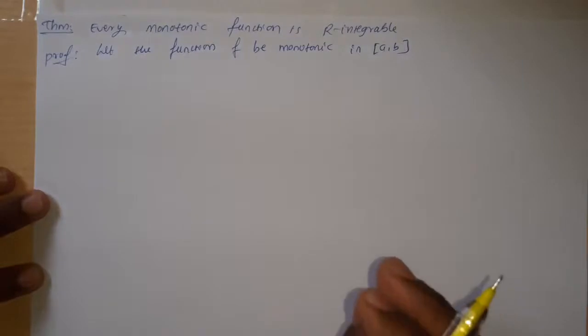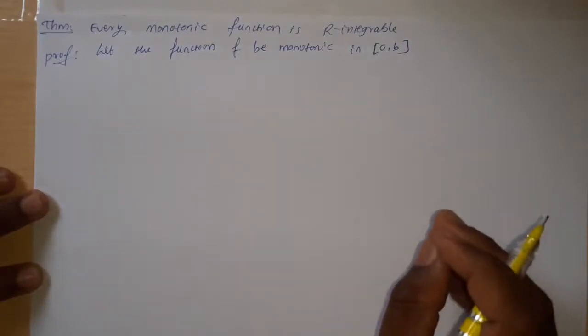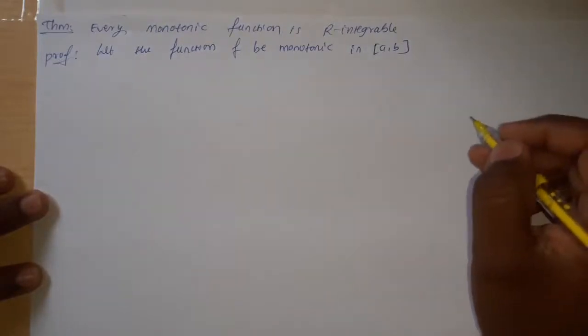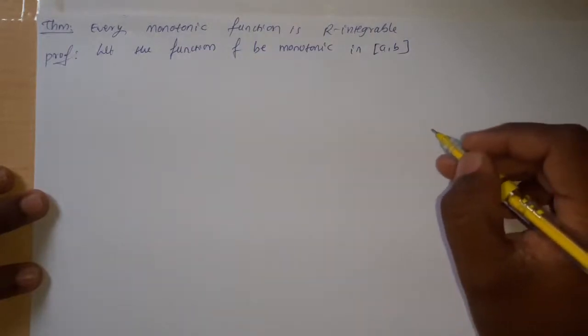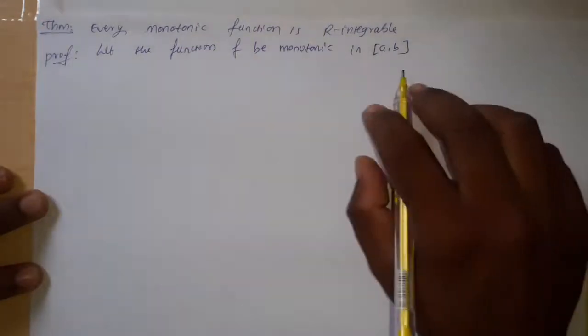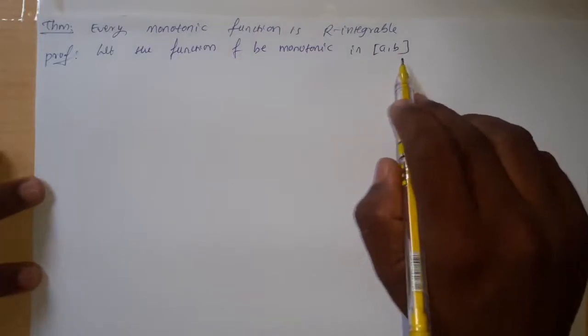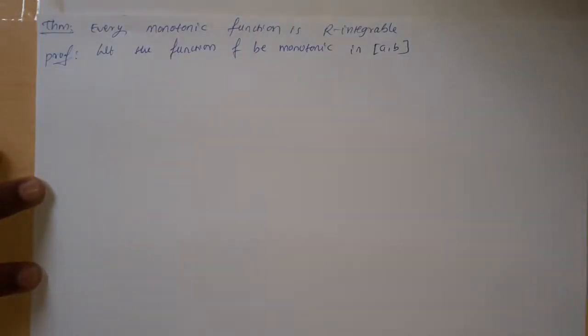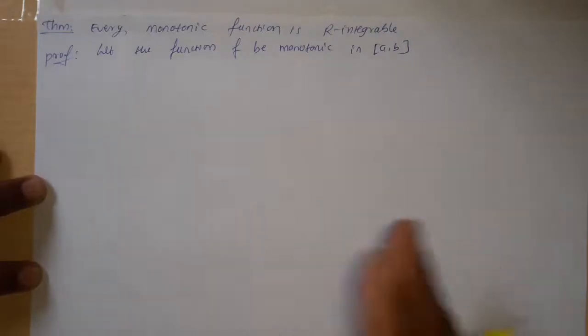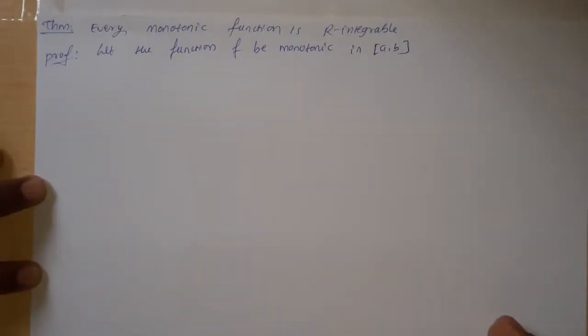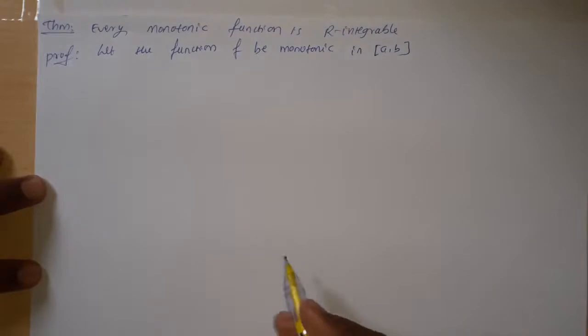Monotonic means the function is increasing throughout the closed interval [a, b] and does not decrease in between; that is called a monotonically increasing function. Similarly, if the function is decreasing throughout the domain, it is a monotonically decreasing function.